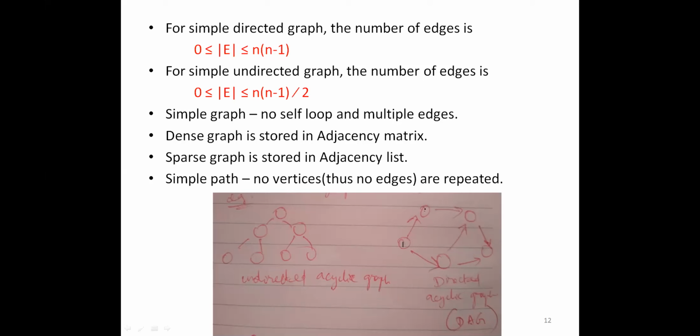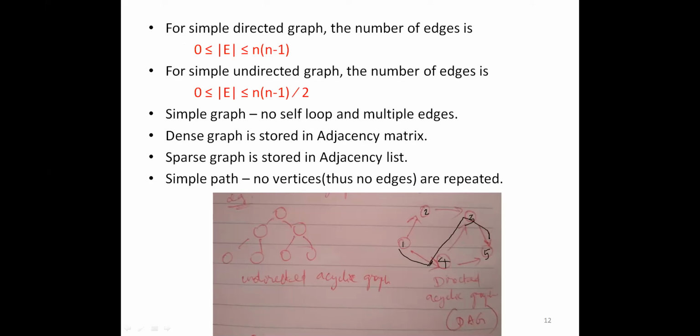I will take nodes 1, 2, 3, 4, 5. I want to reach vertex 1 from 1 itself. How can I traverse? I can go this way, I can go this way, 4, 3, 5.